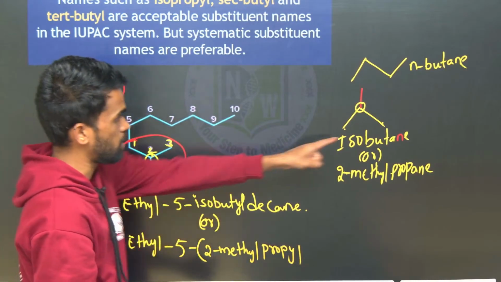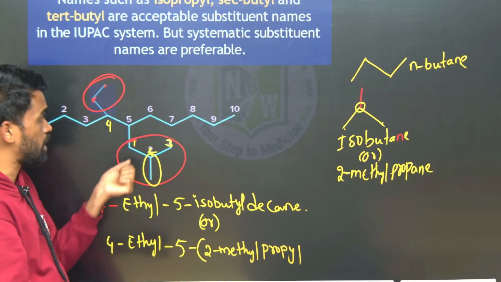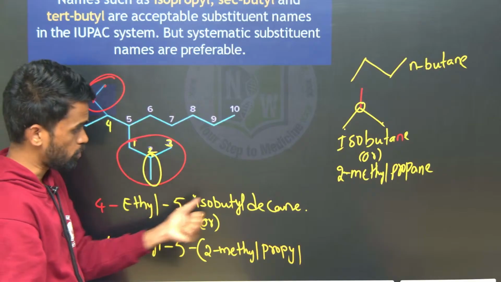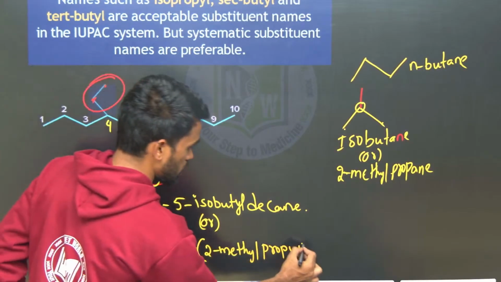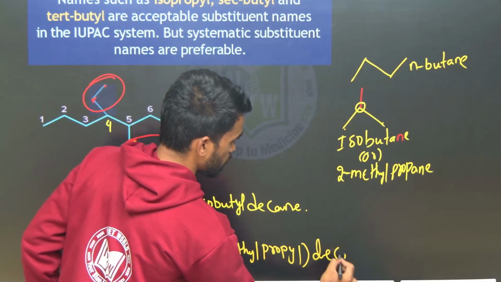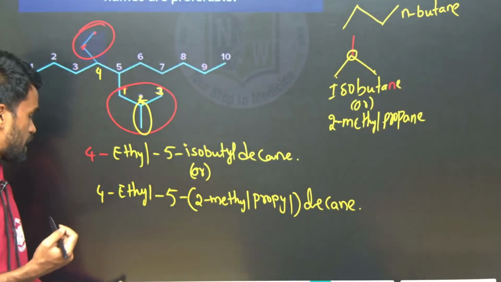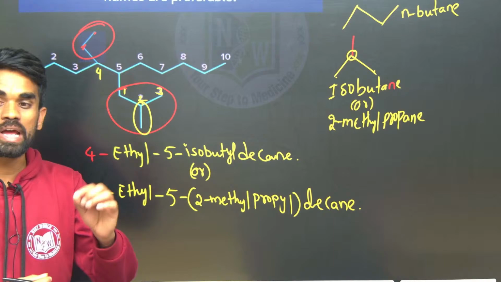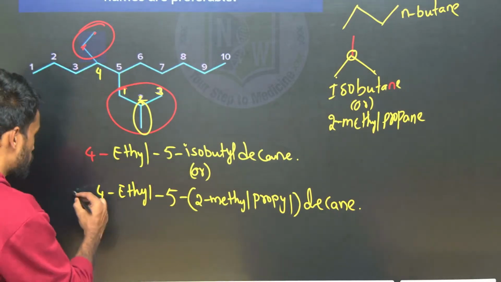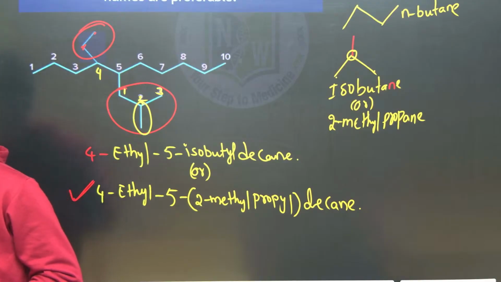Like here also I am not saying butane, I am saying butyl, because one hydrogen is removed and connected to carbon. So butyl. Okay. So propyl over, this complete chain is over, close the bracket now. Then next, decane. Okay. So now out of these two, which is correct? See, both of them are correct. But if they ask for the pure IUPAC name, the second one will be preferred. Okay. I hope this is clear.